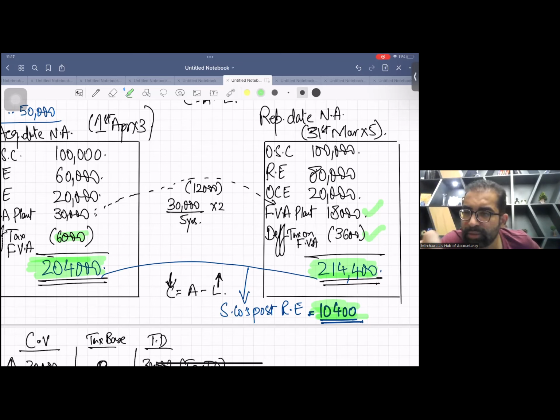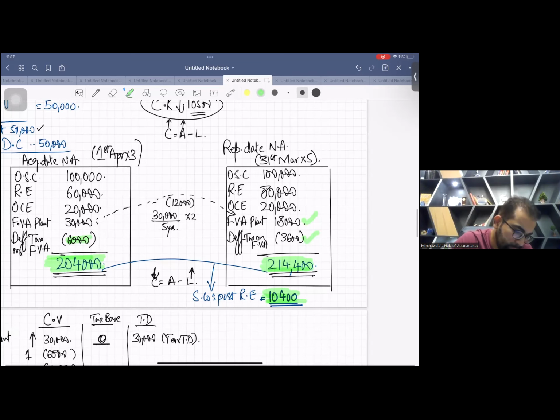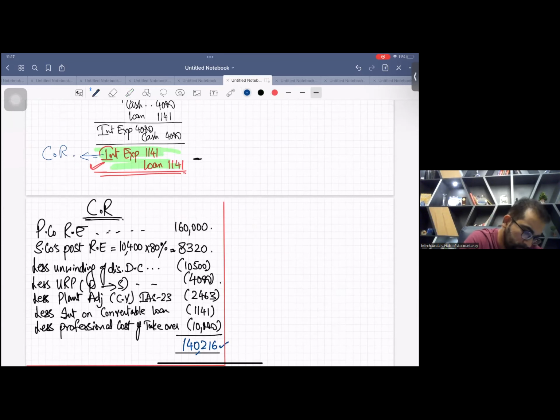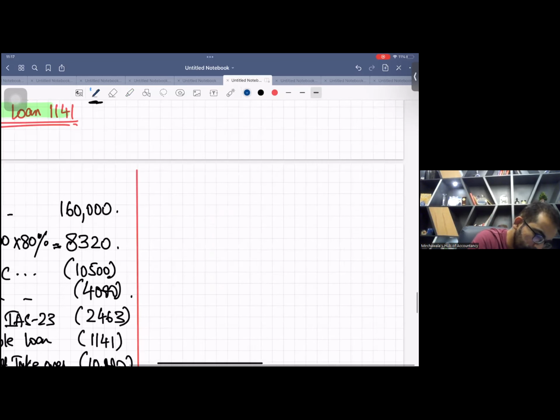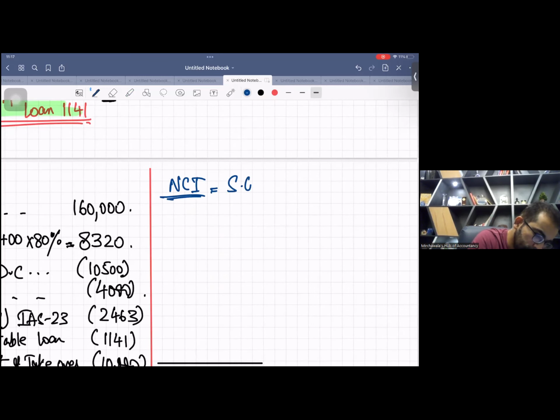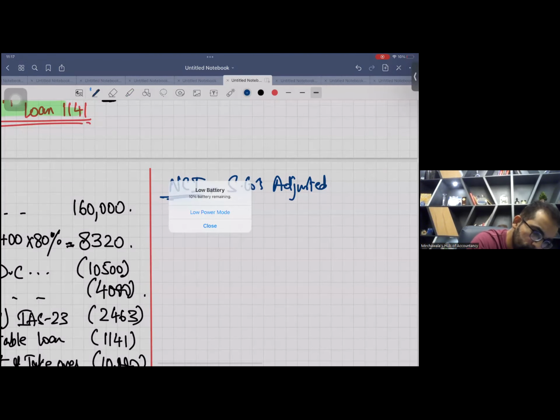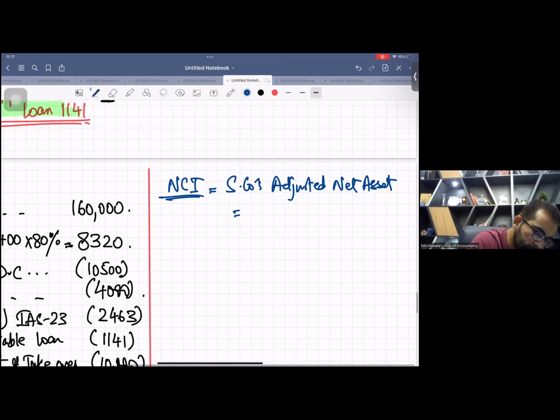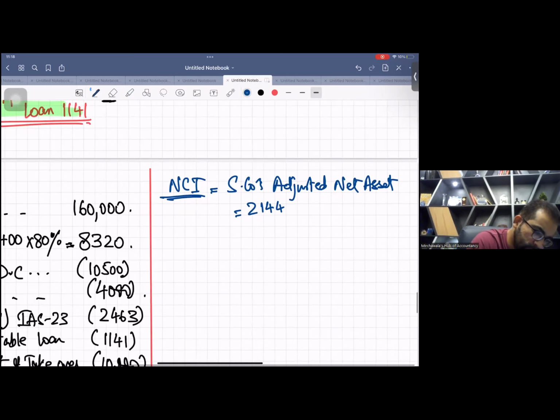This is the closing adjusted net assets of S company multiplied by the holding percentage. That's the NCI. It's 214400, I think.